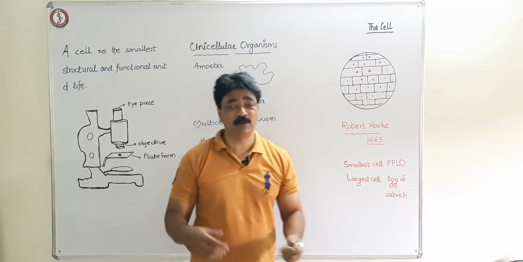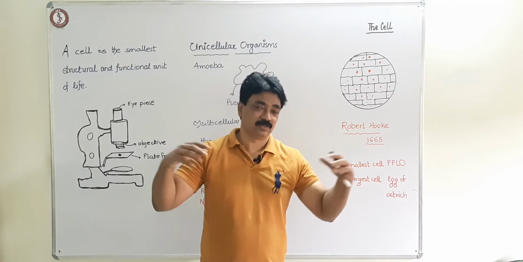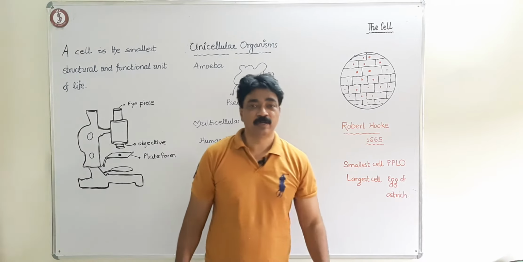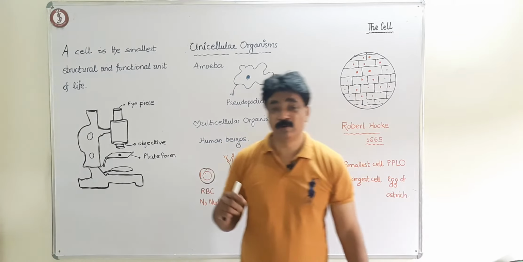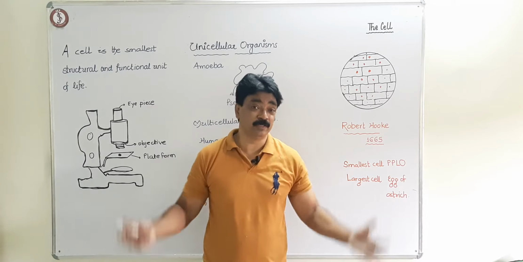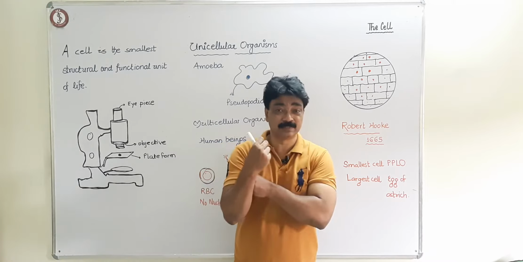Later on, with advancement of science, we understood that a cell is a very small structure, and actually every organism, big and small, has that important component by which the whole body is made up. Our body will contain cells.